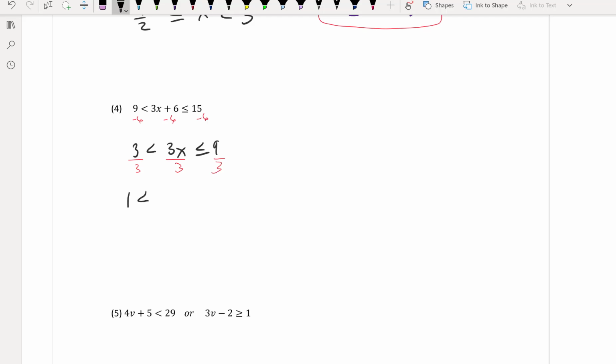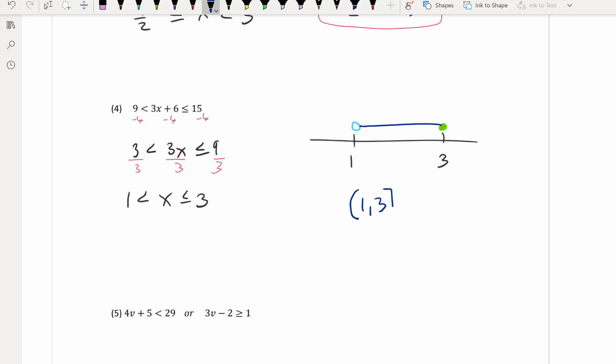So I'm going to have 1, then x, and a positive 3. If you want that visual, I have 1 and I have 3. At 1, it's an open circle. At 3, it's a closed filled-in circle, and everything is being squished in between. So I go from 1 to 3, and it's a parentheses and a bracket.